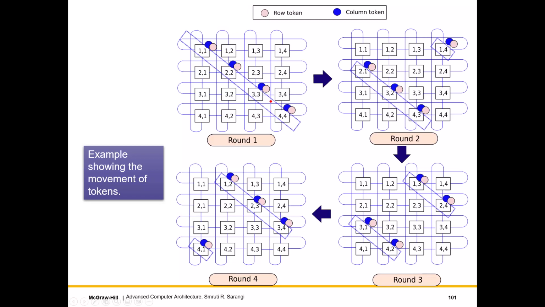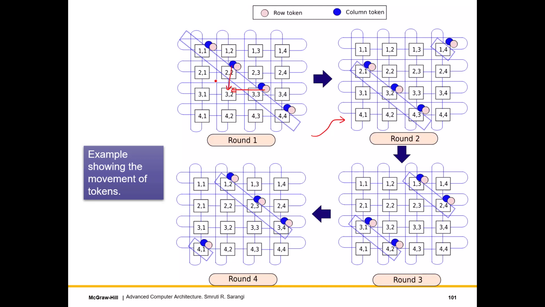So let us now remove the interested information. This will come later, but this is just an example showing the movement of tokens. Initially, as you can see, all the tokens are on these diagonal cells. So this is like a diagonal over here. Then if I move to the second round, as I said, the column token comes here, the row comes here.